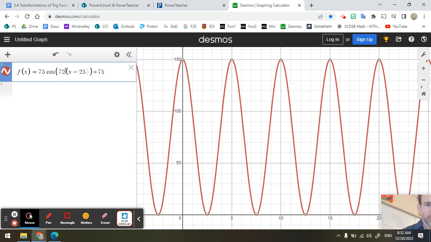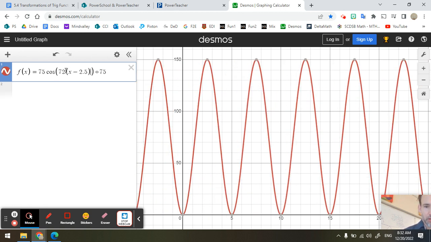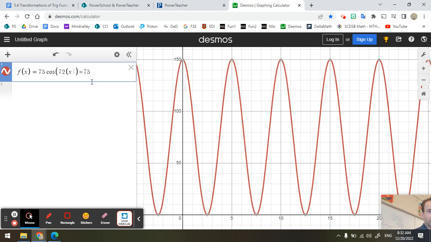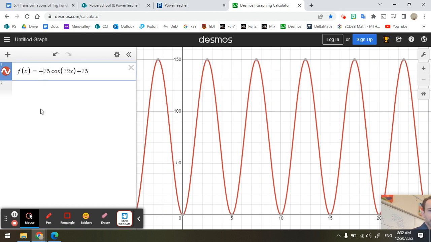Minus 2.5 will do it. There you go. But this idea of using negative A values is such a neat trick that I wanted you to see an example of it. So there's a trick that you can use to start your function at a minimum if you want. You can start at negative cosine. If you want to start at the horizontal axis and go down, you could use negative sine, a negative A value for sine.